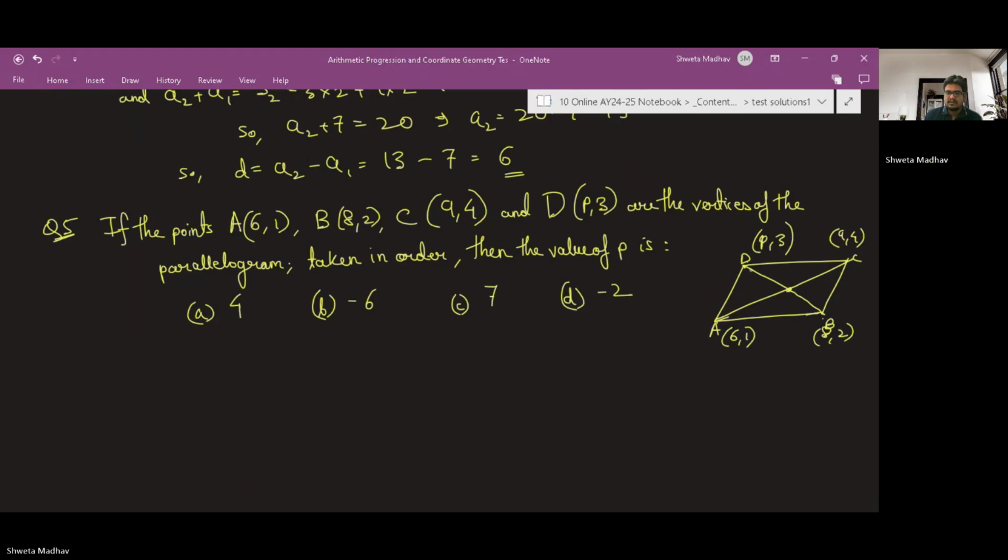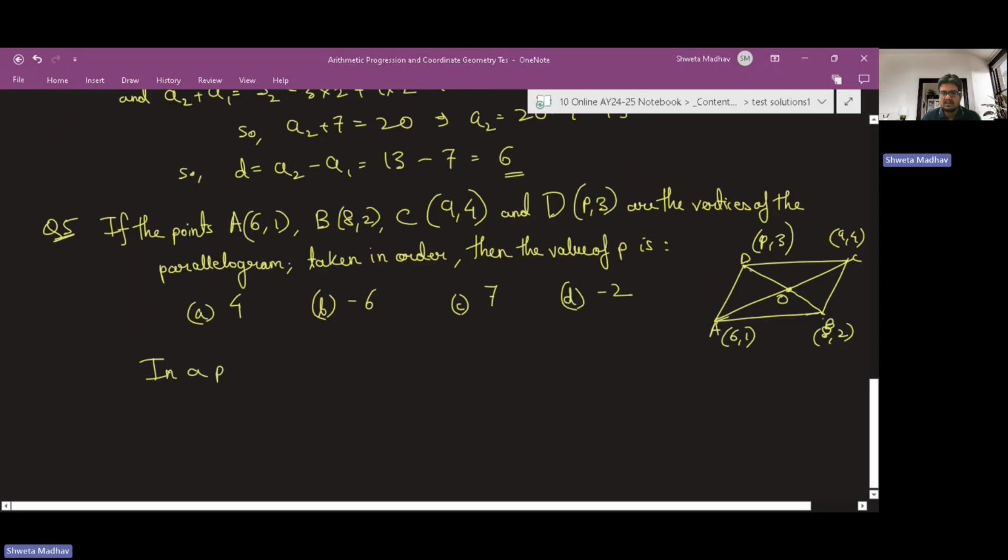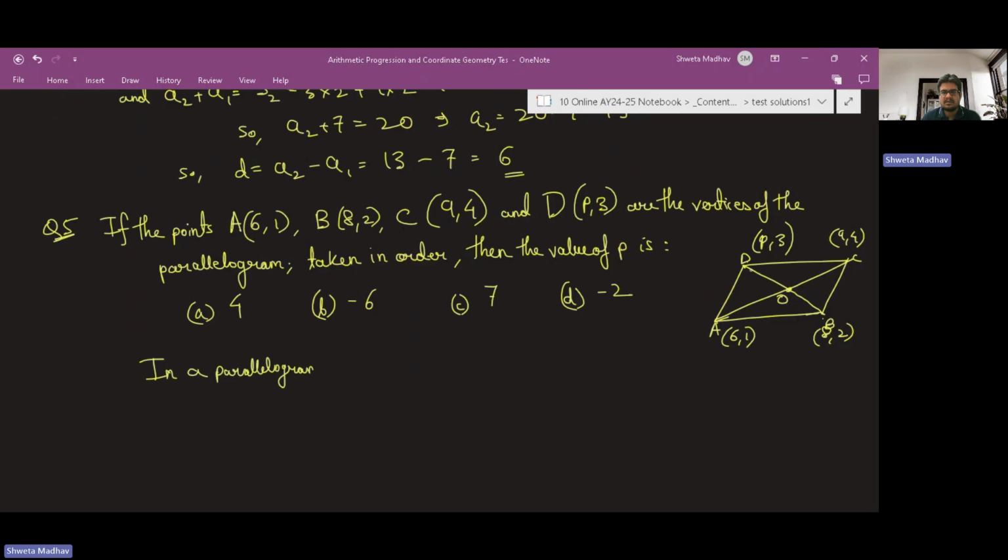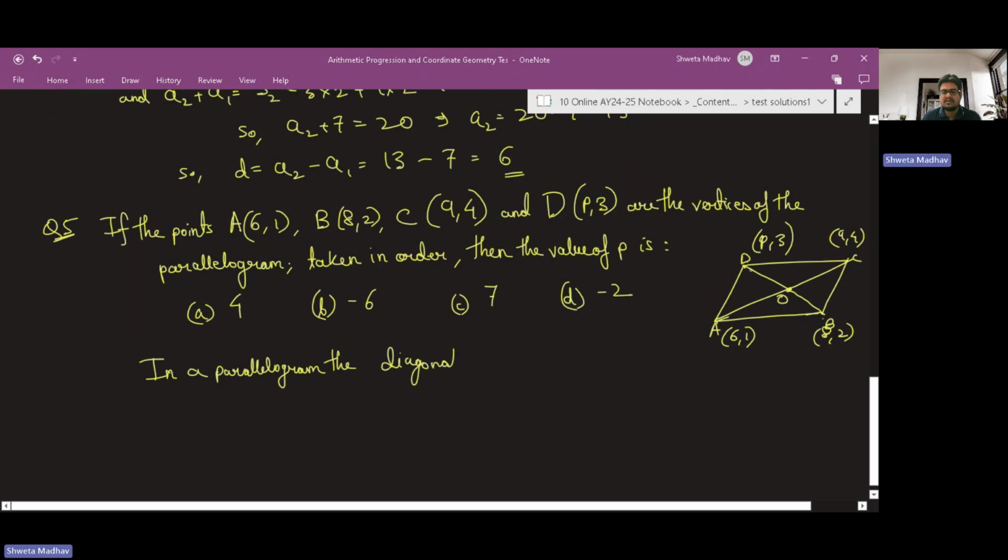So it means the midpoint of A and C will be same as the midpoint of B and D, since we know that the rule is in a parallelogram the diagonals will bisect each other.